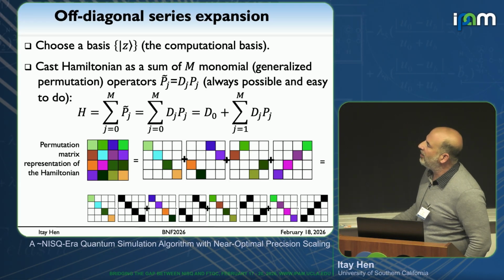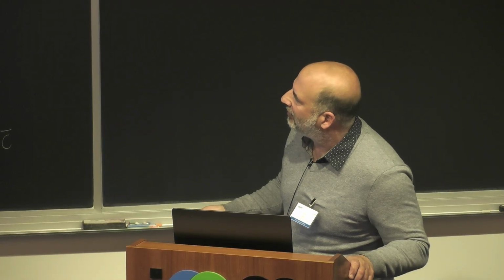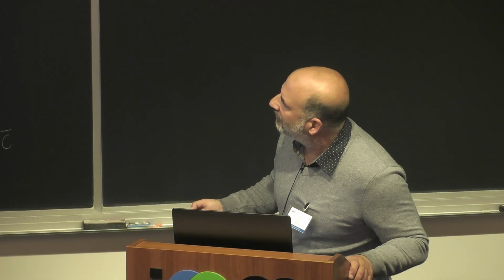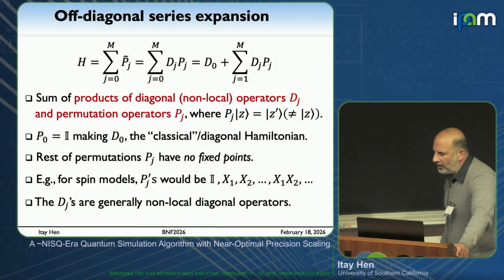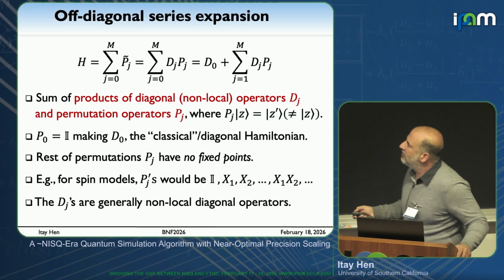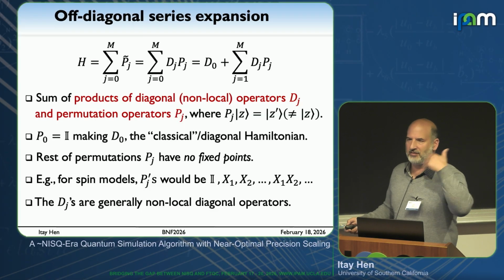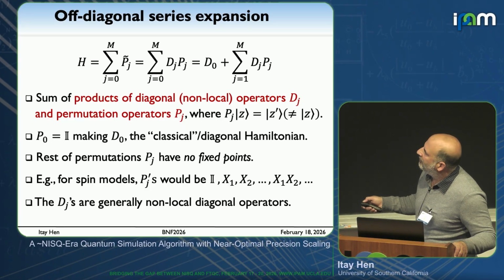But essentially, I can show you that you can always do that, and it's very easy to do that for any physical Hamiltonian. I can really promise you that. In fact, if we talk about qubits, and qubits are actually spin-half particles, the diagonals times the permutations are pretty simple.